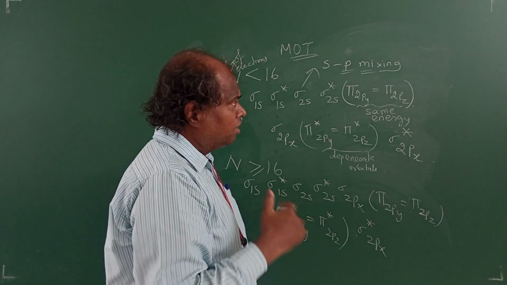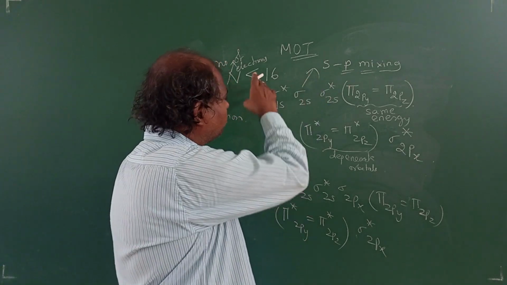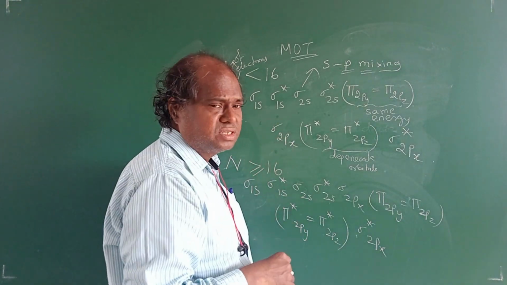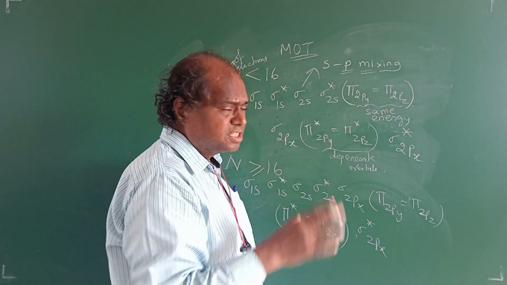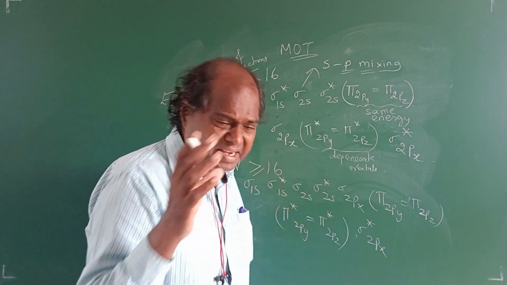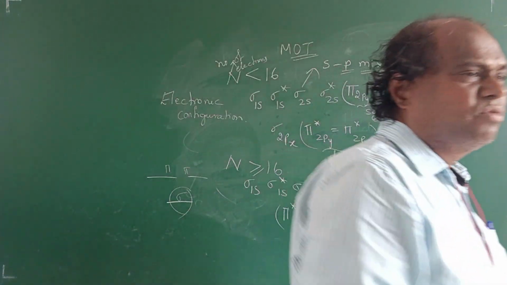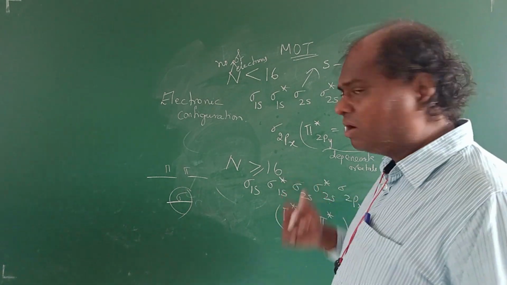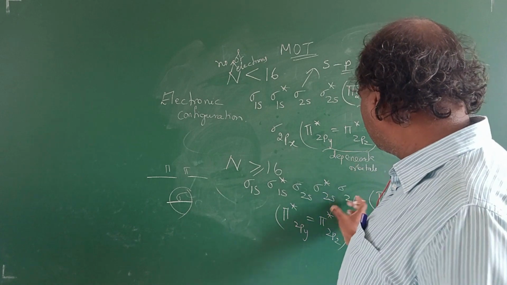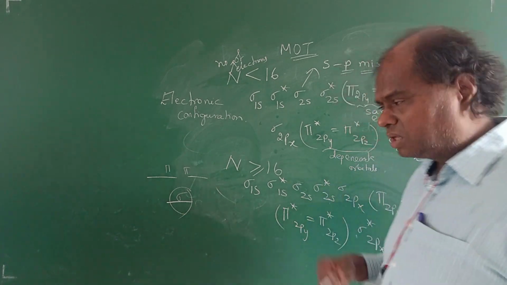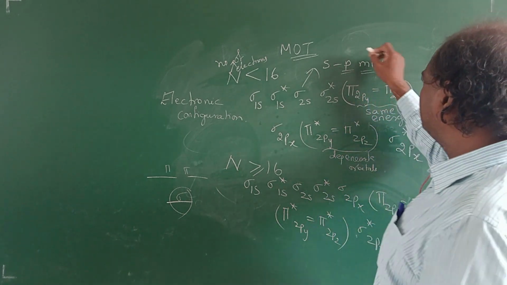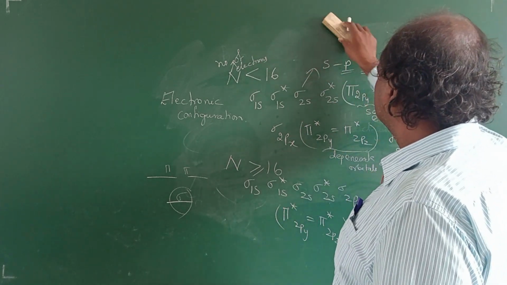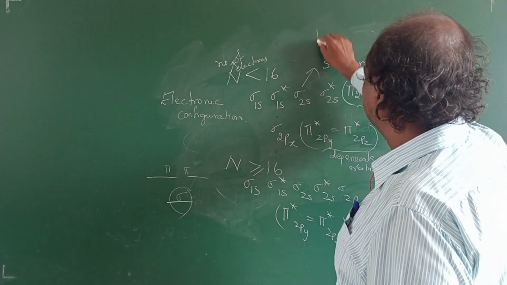Now you'll ask me, sir, why is this sp mixing only for less than 16? The reason is that sp mixing happens only for very light elements which have a low atomic number. Only for lighter elements it will occur. Why? Because this s and p will be very close, so there will be mixing. So this happens only for light elements.